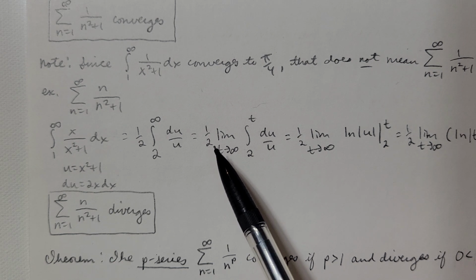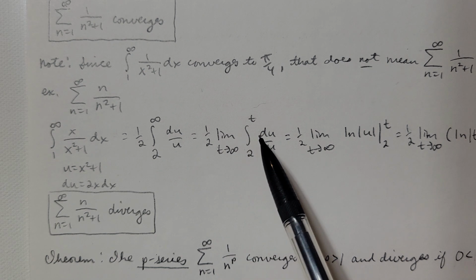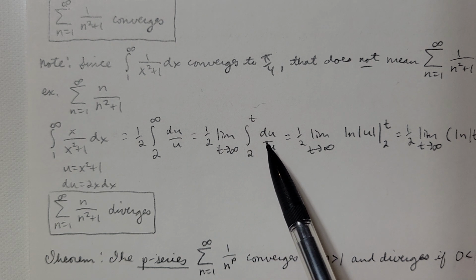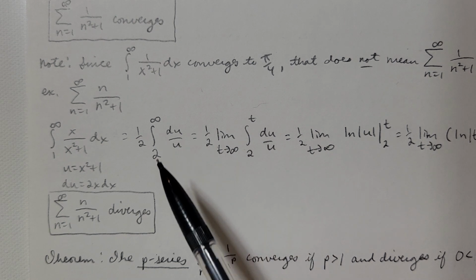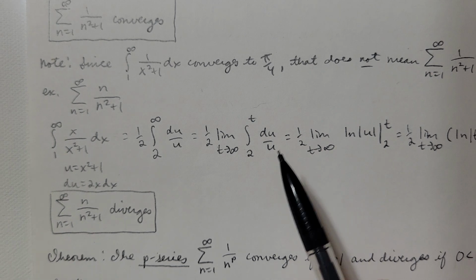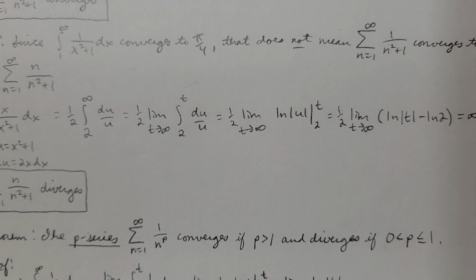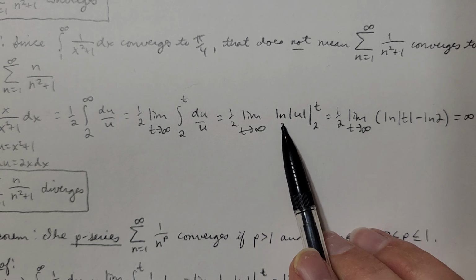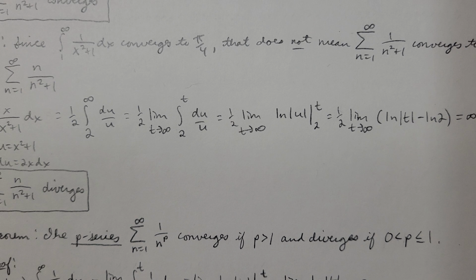I've got 1/2 times the limit as t approaches infinity of 1 over u du, going from 2 to t. That is equal to 1/2 times the limit as t approaches infinity of the ln of the absolute value of u, going from 2 to t.